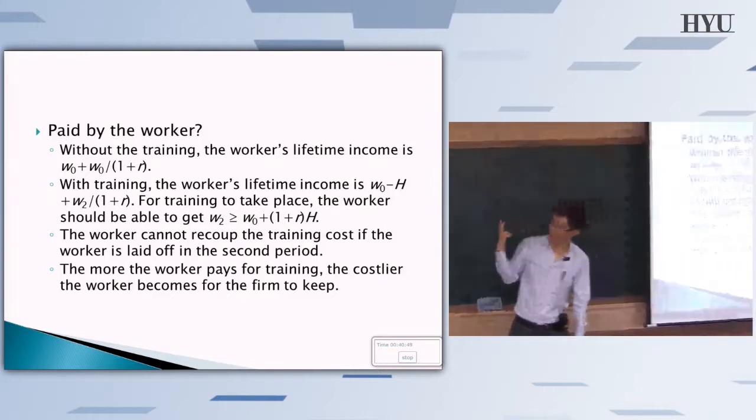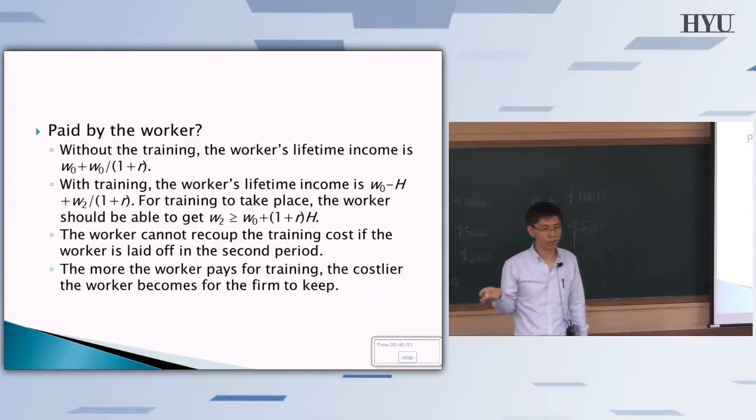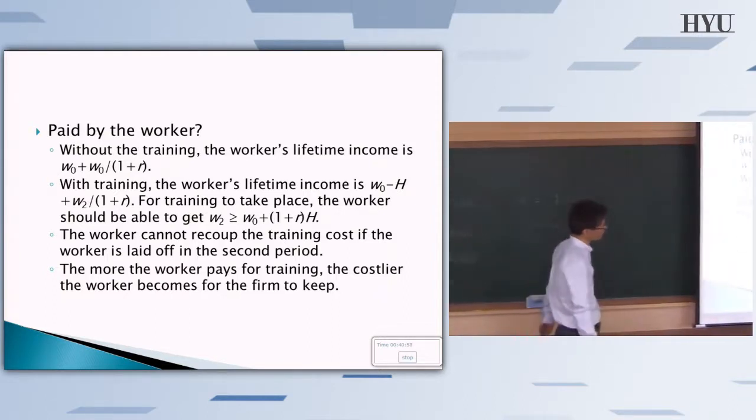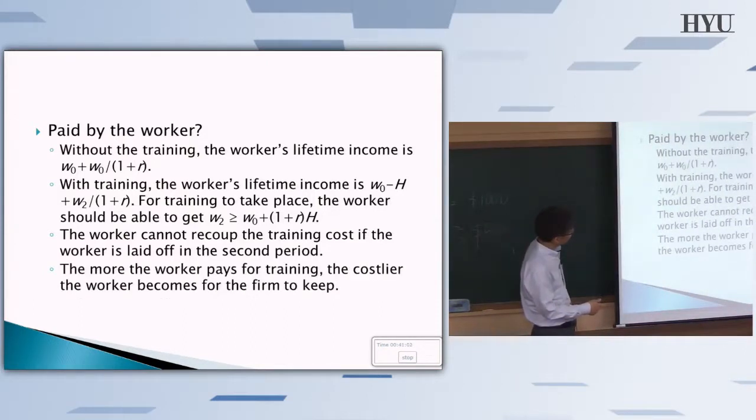Okay? So in that case, the firm will find it very costly to keep this worker. Okay? So what happens here is that if only one party pays for the cost, then it's going to be costly.